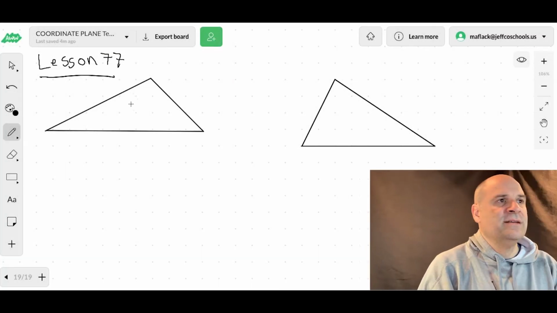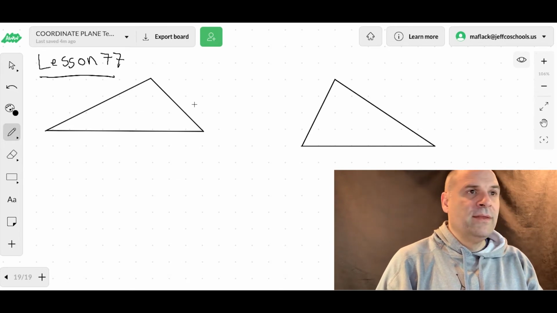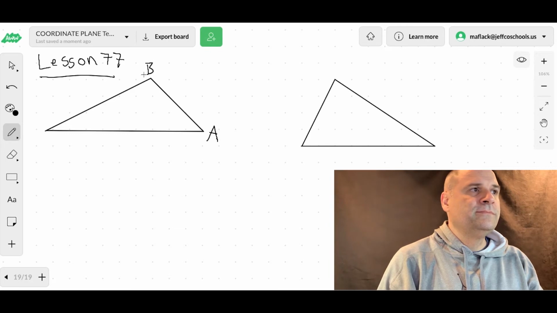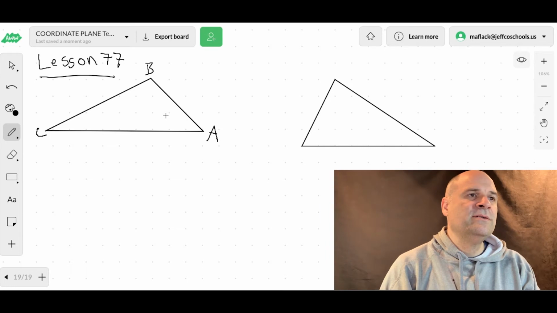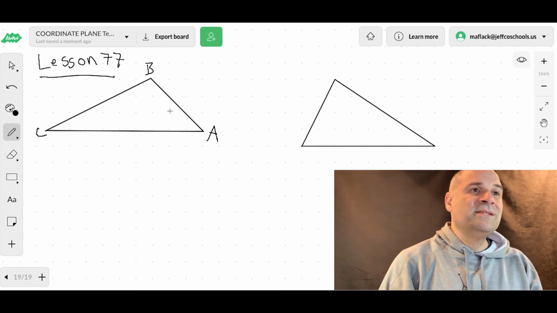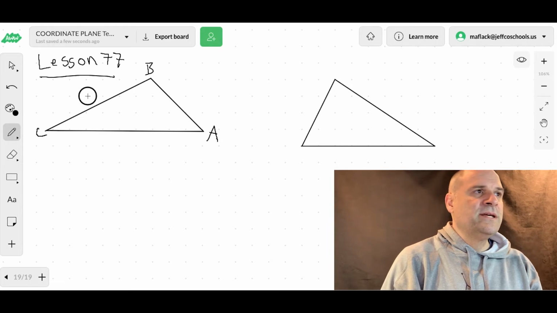So, law of sines. I have a triangle here, and I'm going to label it ABC. Okay, so these are the vertices of the triangle. Now I'm going to also label the sides. So the sides opposite those vertices, we're just going to do the lowercase version of those.